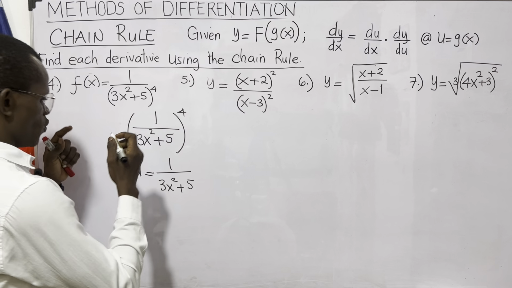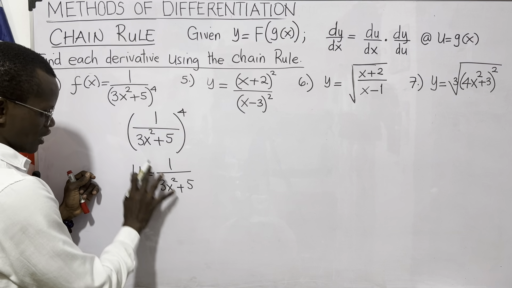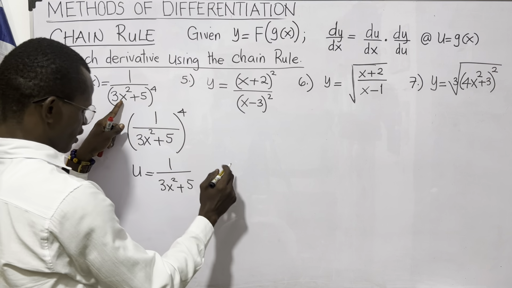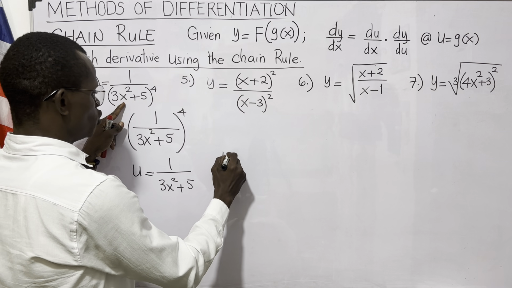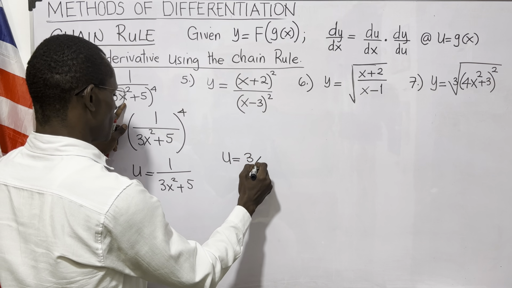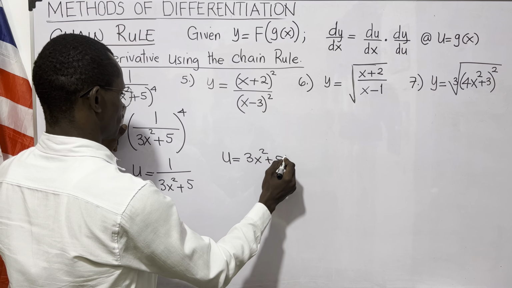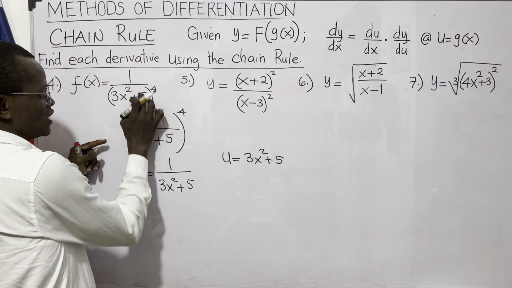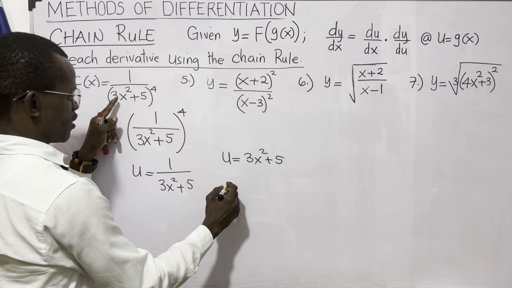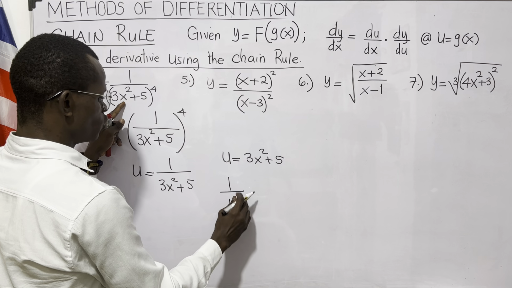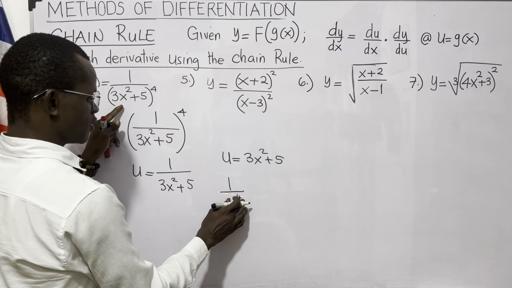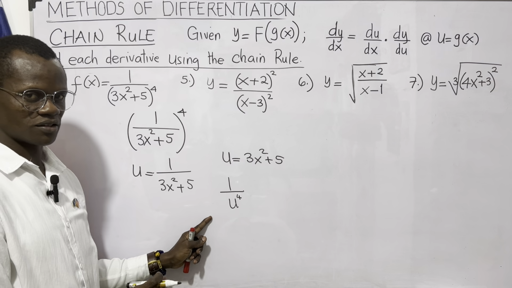Or we can decide to say this will give us tough terms. Let's look at it being u equals 3x squared plus 5. So only this we are dealing with, such that 1 over u raised to the fourth power will be something that we can easily deal with.